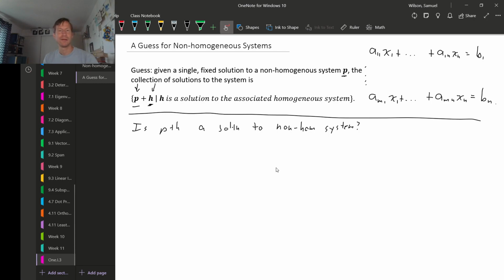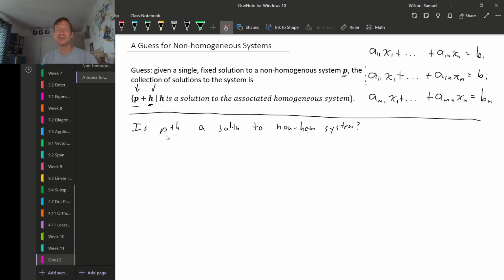Well, how can you check if a vector is a solution to a system? You just take the entries for the vector and plug them into all of the variables. It's going to be a pain to do that for every single equation, but all of these equations look essentially the same. They all look like ai1 x1 plus dot dot dot down to ain xn equals bi.